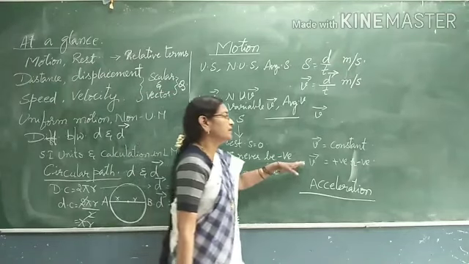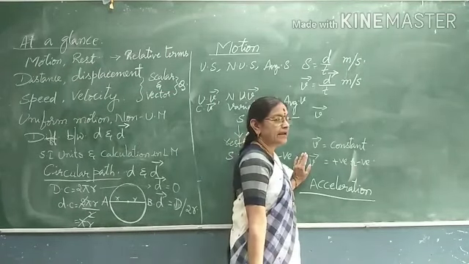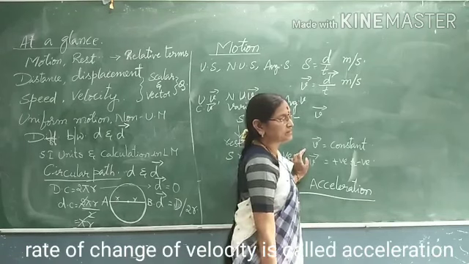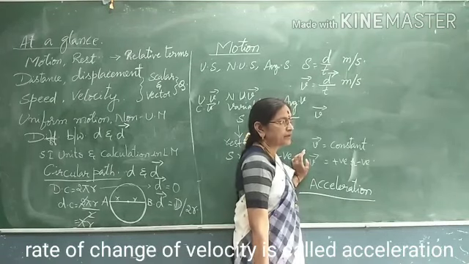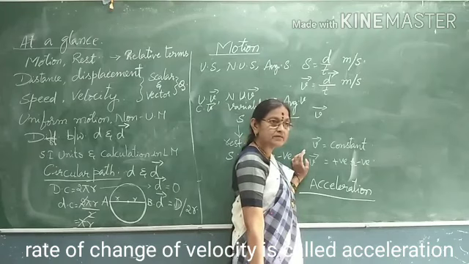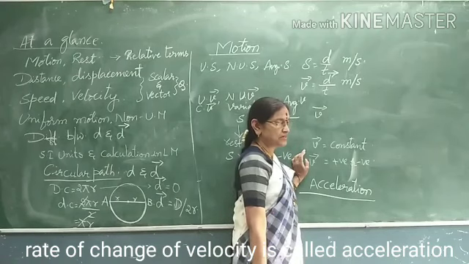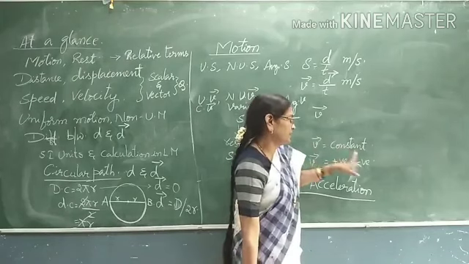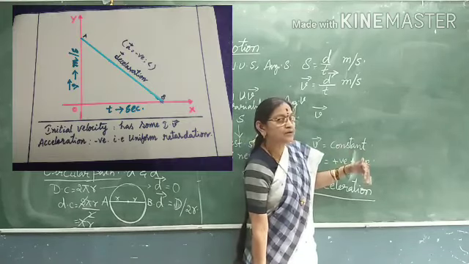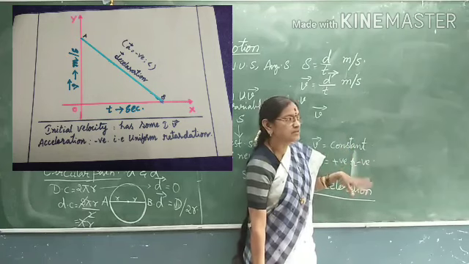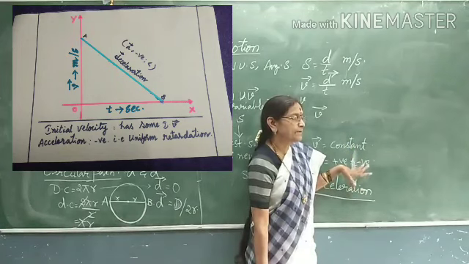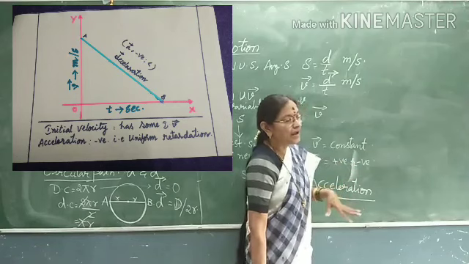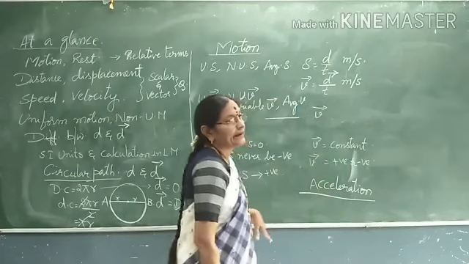So, when the train is arriving at the station, what will happen to its velocity? Its speed will decrease in a particular direction towards the station. So, its velocity will be decreasing. Whenever velocity is decreasing, the acceleration also will be decreased. Acceleration will become negative.